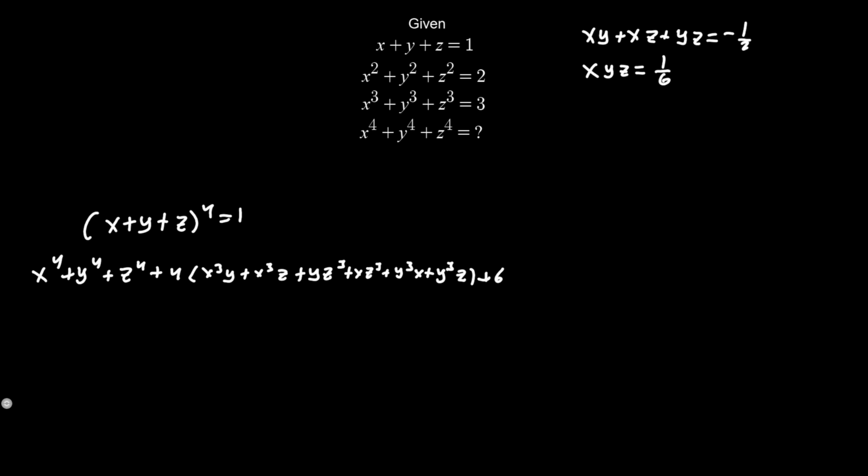And we will have plus 6 times x squared y squared plus y squared z squared plus x squared z squared. And then finally we will have plus 12 times x squared yz plus x y squared z plus x y z squared is equal to 1.